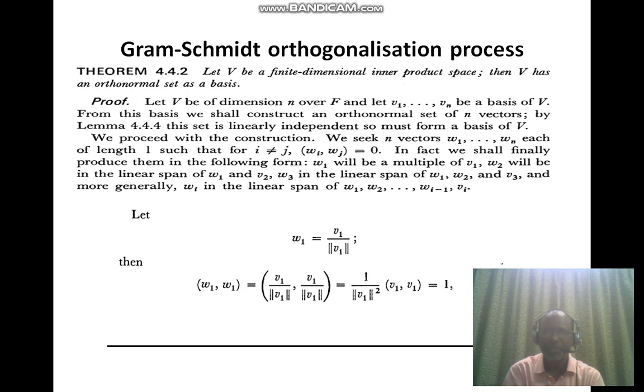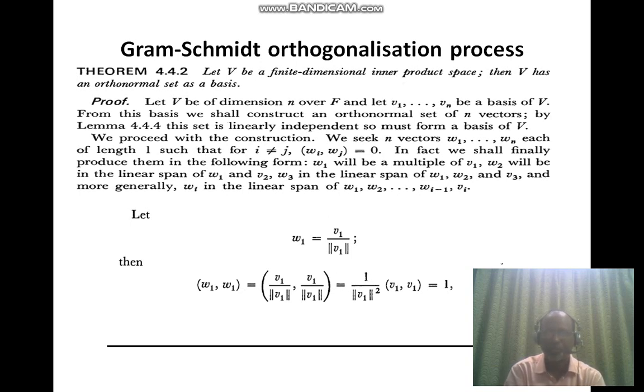Now, from these vectors, let us try to find the orthonormal vectors. Similarly, that is also going to be n in number. How is it to be done? We know that the basis contains only linearly independent vectors. Now we start like this.